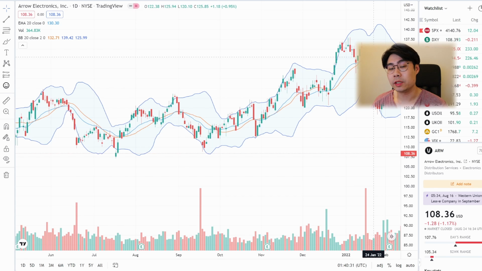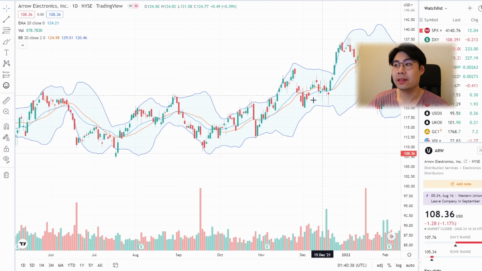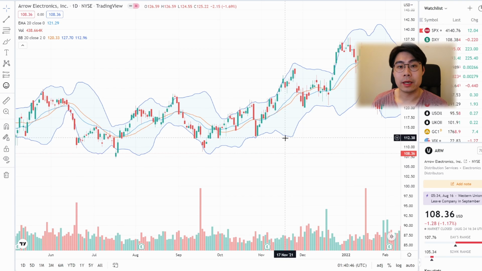Some of them do very similar things, others are maybe completely out of whack. So I think it's important to understand what other traders or professional traders are using, so that you're also using the same indicators, right? In this case, it is good to be using the same things because you'll be able to see how the majority is behaving, and that psychology aspect is actually really important in trading as well.